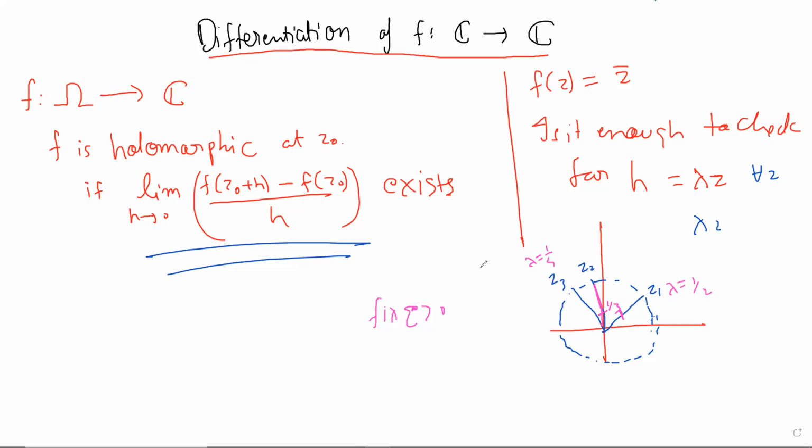Does my point make sense, right? For z1, the smallest delta that you need is half. If you put a value more than half, then half times z will not make this less than epsilon. And then for z2, let's say you need 1 by 3, and for z3 you need 1 by 4, and so on.